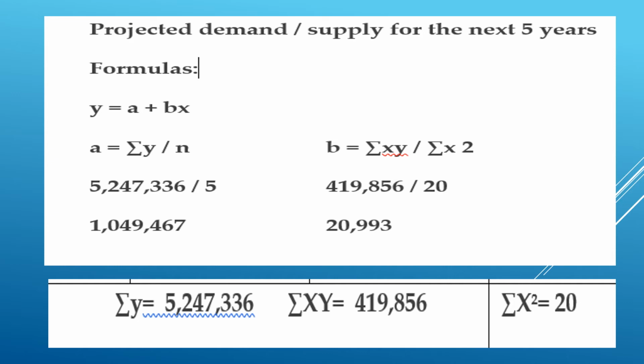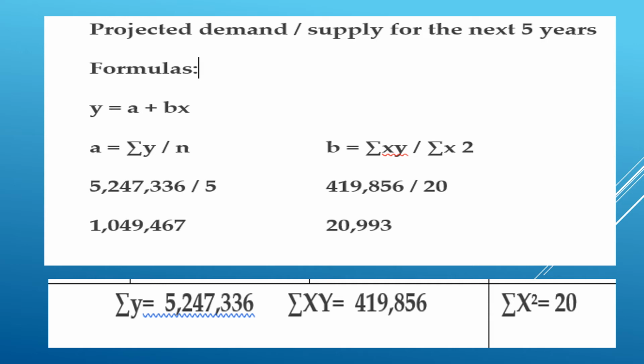So the computation of the value of our number of households, our projection will be y is equal to a plus bx. We still need to compute for A, we still need to compute for B. So itong nasa ilalim class, summation of y, summation of xy, summation of x squared, galing to sa table.